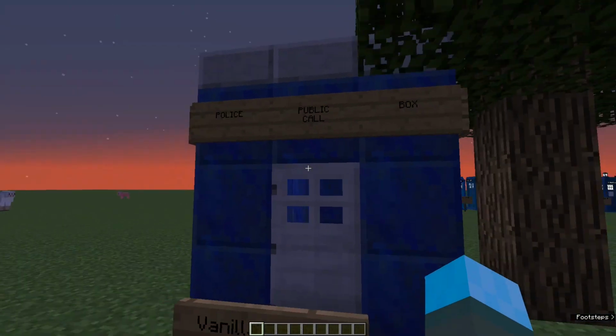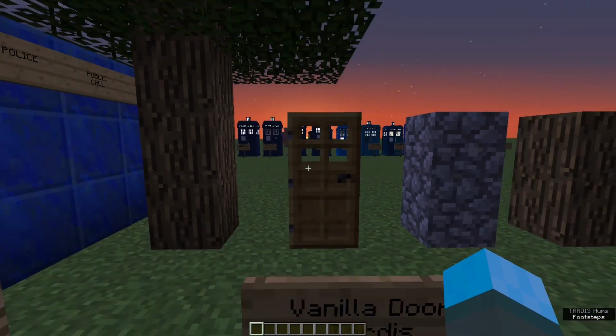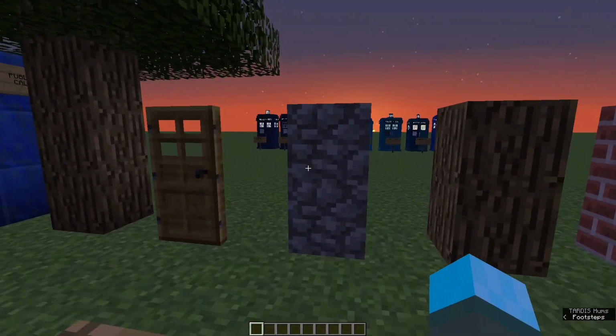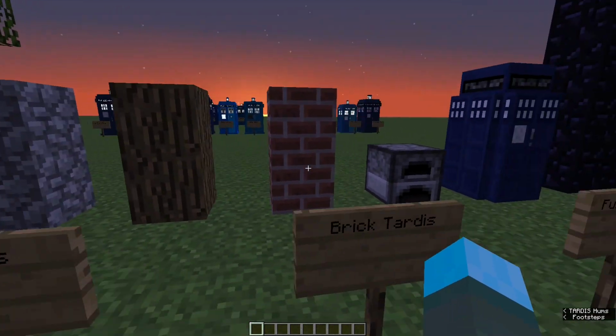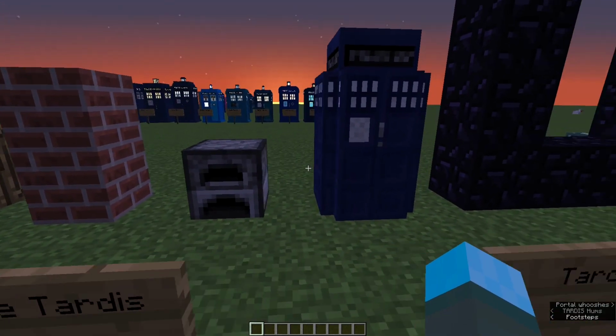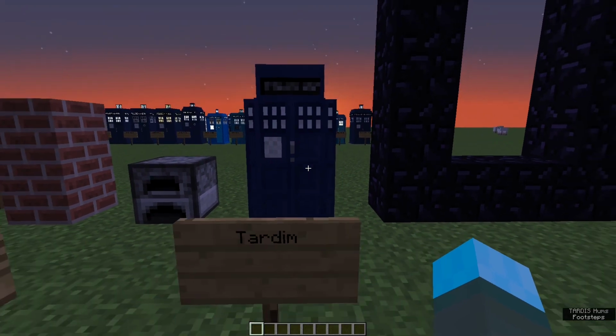Vanilla TARDIS, Tree TARDIS, Vanilla Door TARDIS, Cobblestone TARDIS, Wood TARDIS, Brick TARDIS, Furnace TARDIS. TARDIM, time and relative dimension in Minecraft.